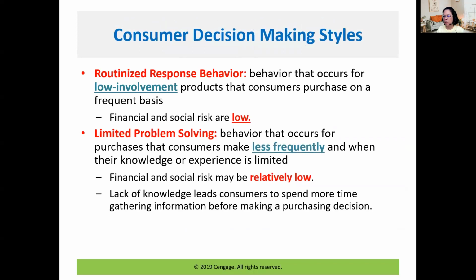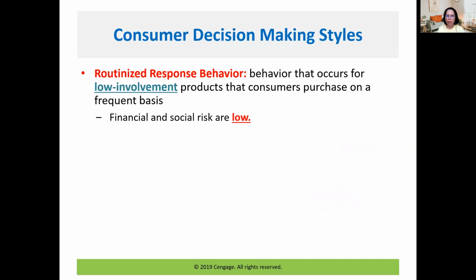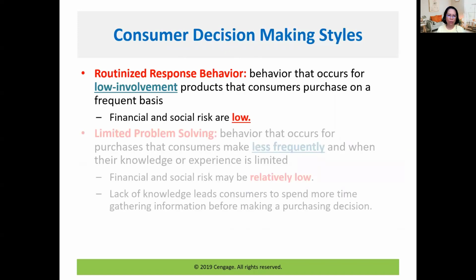Consumer decision-making styles may be categorized into three. First, we have routinized response behavior, which means behavior that occurs for low involvement products that consumers purchase on a frequent basis. Financial and social risk are low.